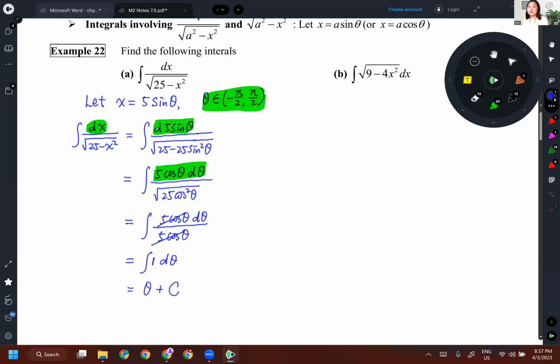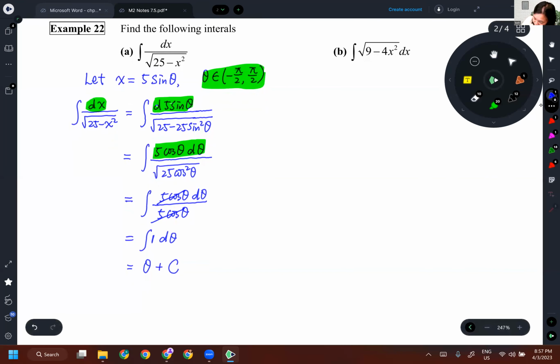Now in the end, you have to change it back to x. To change it back to x, because x equals 5 sine theta, therefore sine theta equals x over 5.